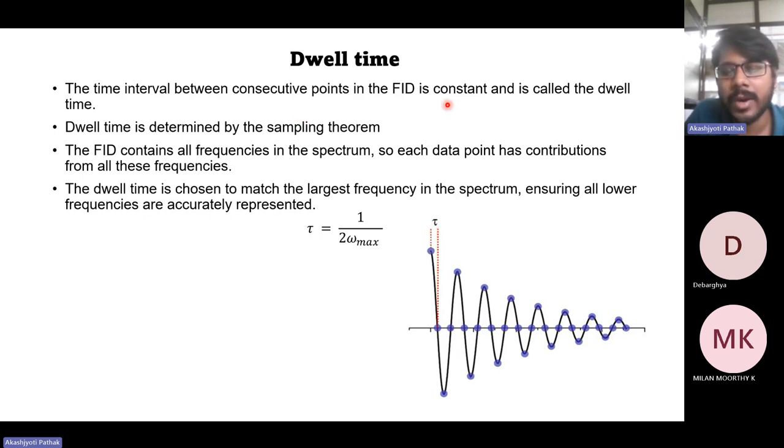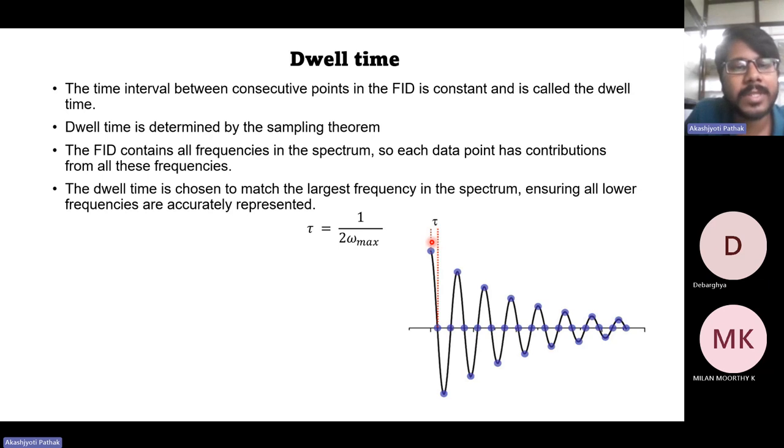When we are recording the data, this free induction decay is continuous, but the spectra is recorded in discrete units, at particular points. So the time interval between two data points is called the dwell time.